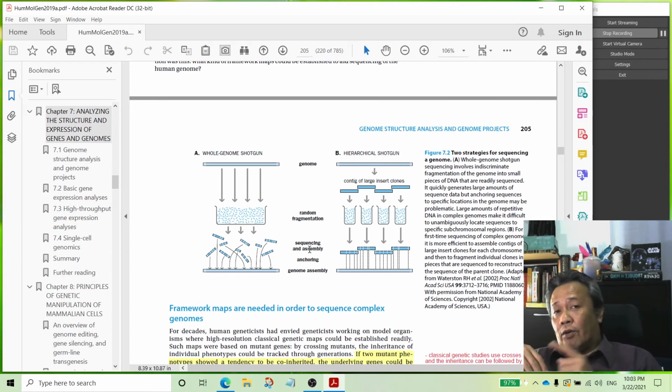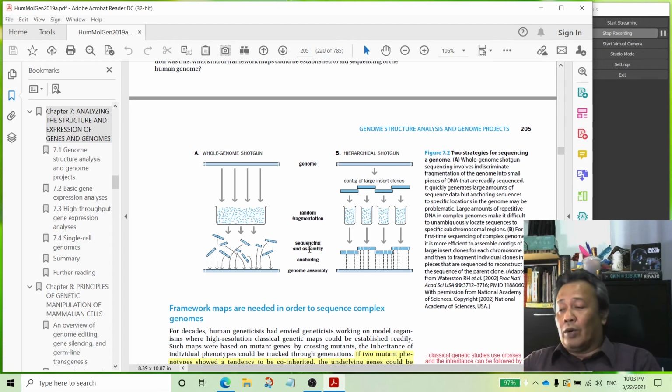But for the human genome, or any genome made up of multiple chromosomes, what you need first is to isolate the chromosomes. This is where you see contig of large inserts there.